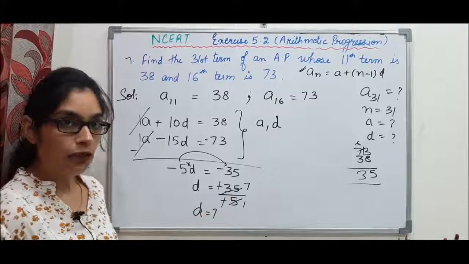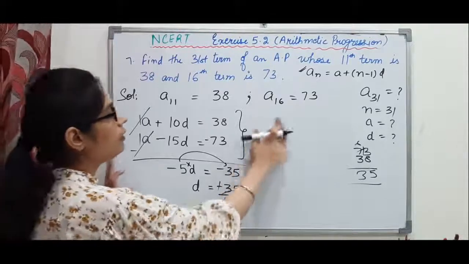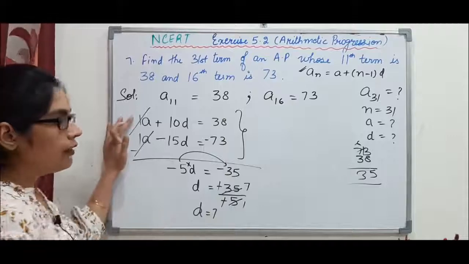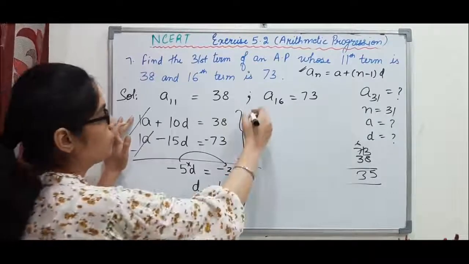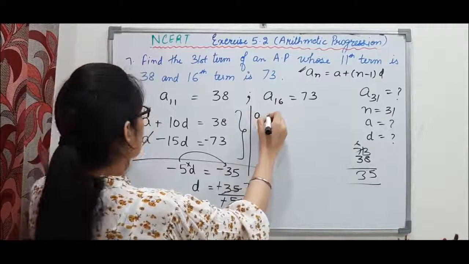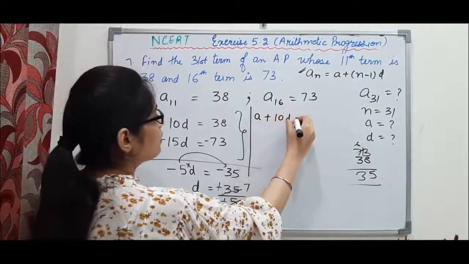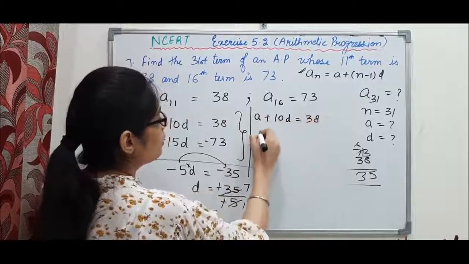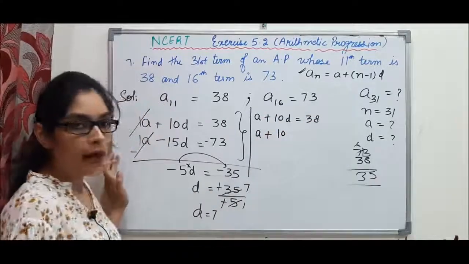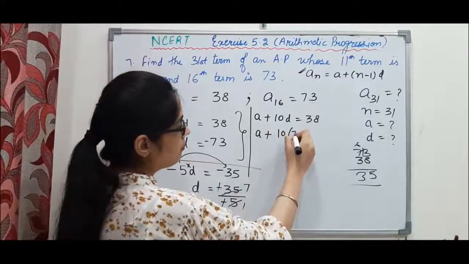Now this value of D we can substitute in any of the equations. I have two equations; I can substitute here and find the value of A. Since the numbers are small, we can use the first one: A plus 10D is equal to 38. A plus 10 into D, and D's value is 7, so in place of D we will write 7.